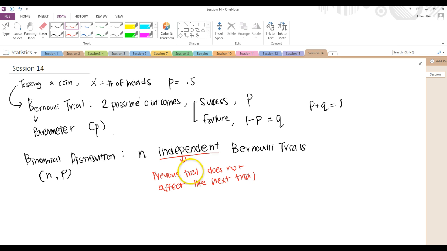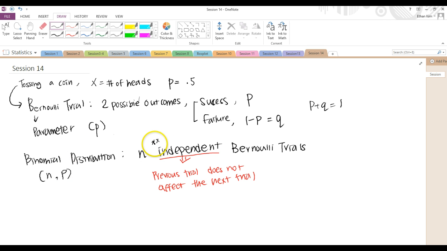So it doesn't matter if you got heads in the second trial. On the third trial, you just begin as if it was new. So it's not dependent on the previous case or any future cases. So it's independent. That's why we can multiply the probabilities here, and this is very important to know.